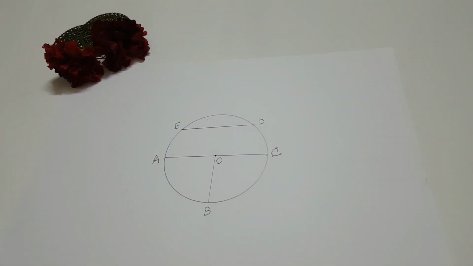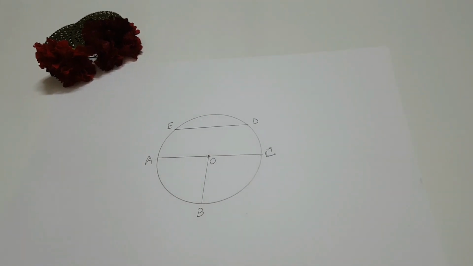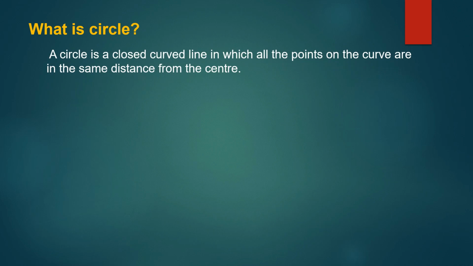Now let's see the definition of circle and the parts of the circle. First of all, what is a circle? A circle is a closed curved line in which all the points on the curve are at the same distance from the center.